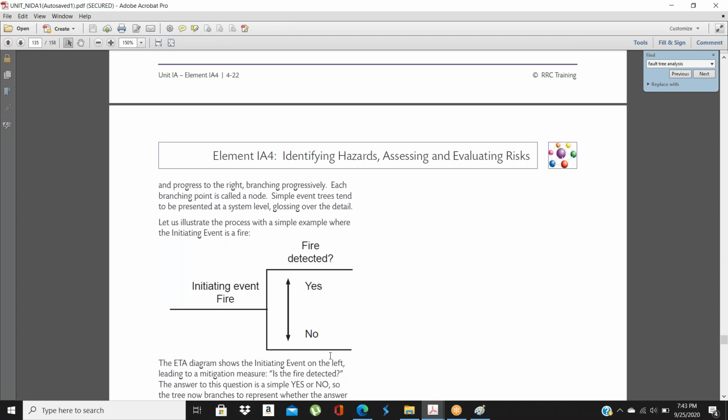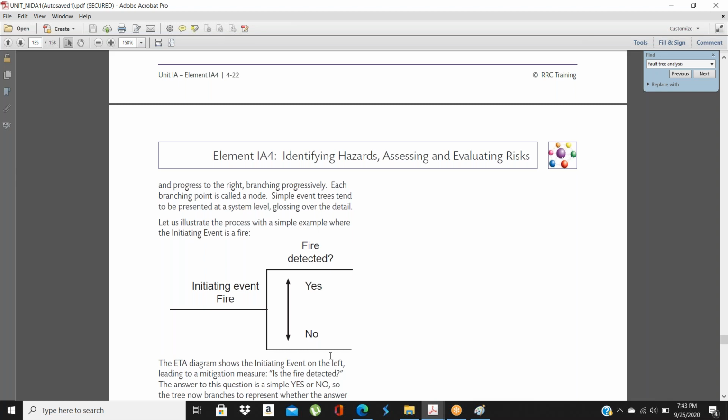Let's suppose the fire is detected, okay, what is happening next? If no fire is detected, then you need to go for the consequences. Let's suppose your system failed to detect the fire and there is fire in your system, so what will happen? Everything will burn. You will go directly to the consequences. Now there is a fire, and your system detects the fire.